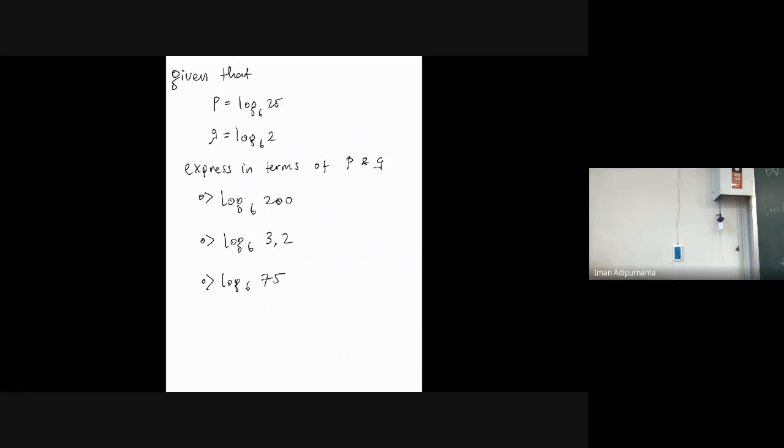Given that P is log with base 6 of 25, and Q is log base 6 of 2, expressed in terms of P and Q: log 6 of 200, log 6 of 3.2, or 32 over 10. You can also write that. And log 6 of 75. I think I gave you this one example before, but let me just give you another example about the pronumeral.